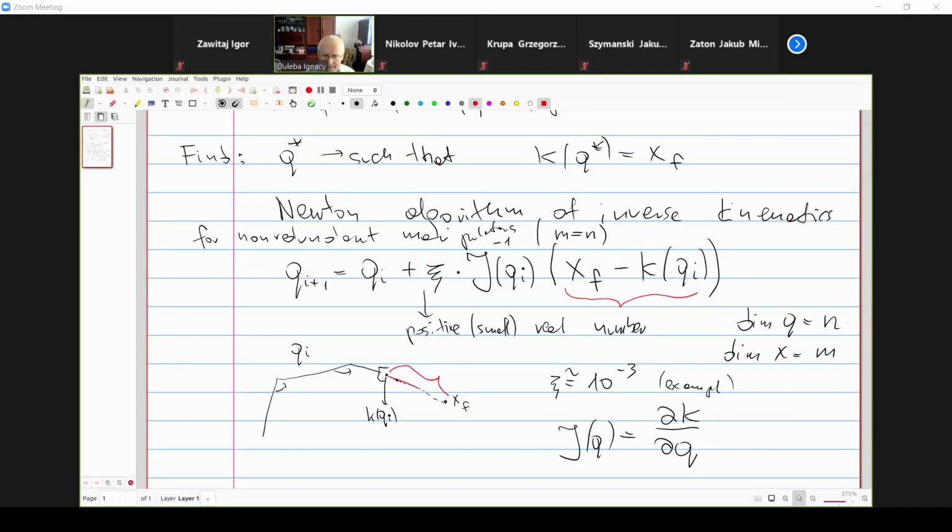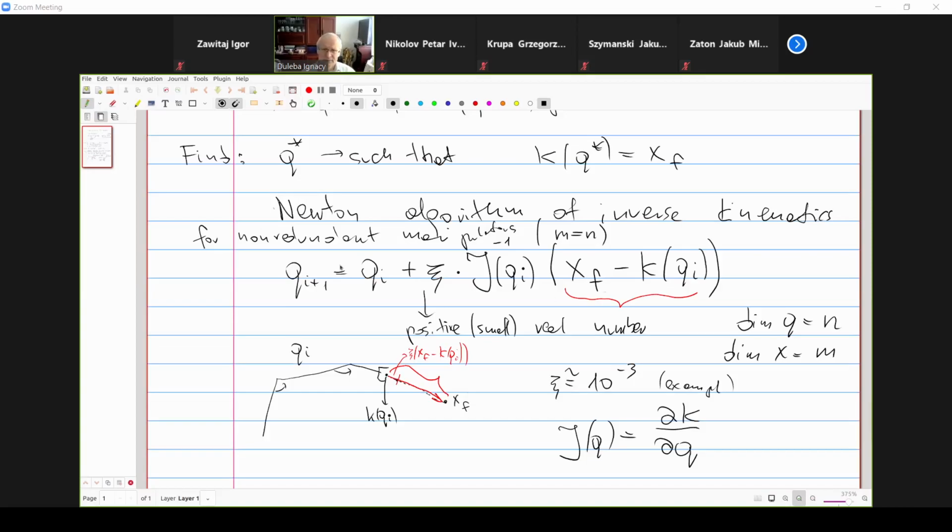Okay. And xi means scaling the vector. So xi, xf minus k of qi. Okay. So probably we stopped somewhere here, and we've discussed when the algorithm should be stopped.